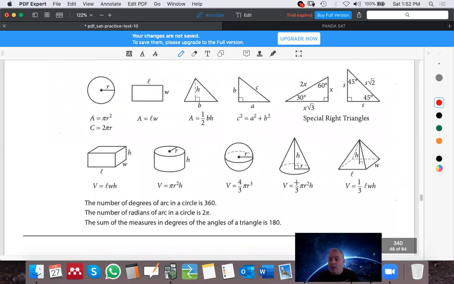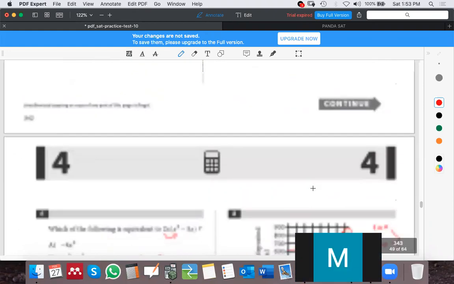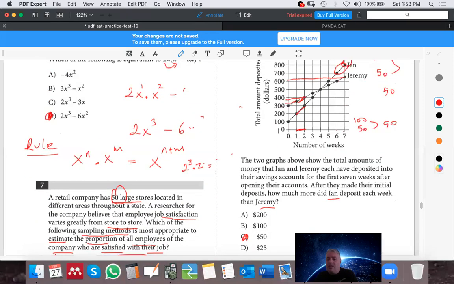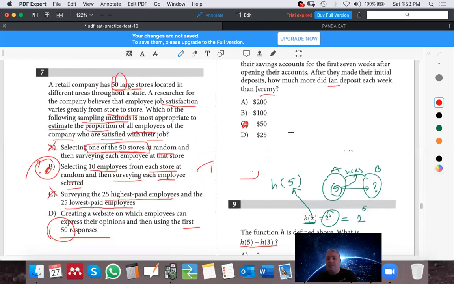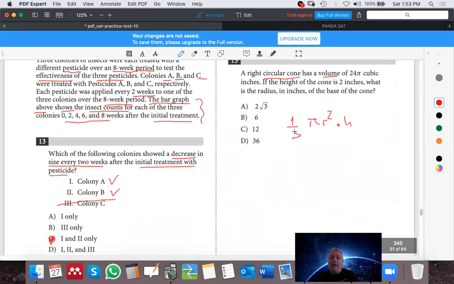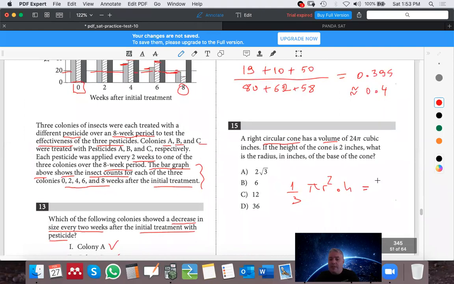Yeah, 1 over 3 pi r square h. You see? This is okay if you forget the formula. They give this on the first page in the original exam. This is original SAT. Which year, I don't know, but this is an original SAT question. So it is always given. And then we go down. This is equal to 24 pi. Be careful, I'm not reading any more of the question.